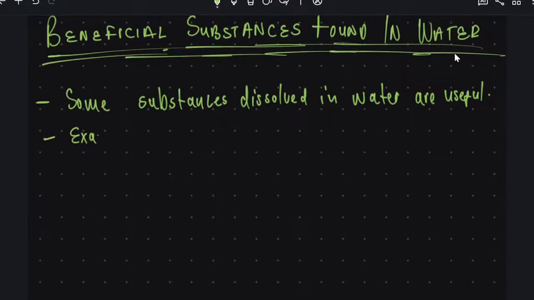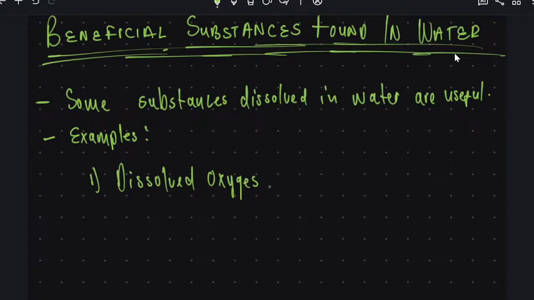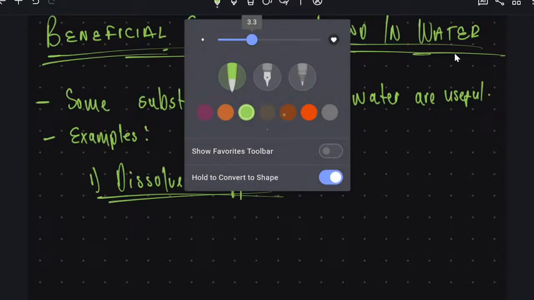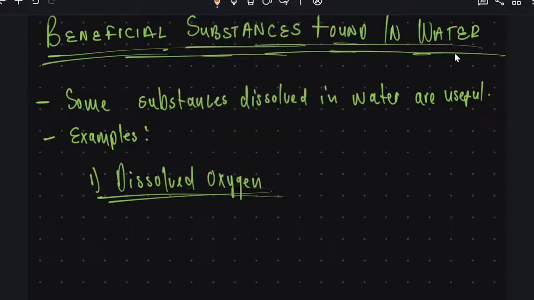Examples. You must know this. One, dissolved oxygen. Okay? Water has oxygen dissolved in it. Really? Yes. Why is it important?